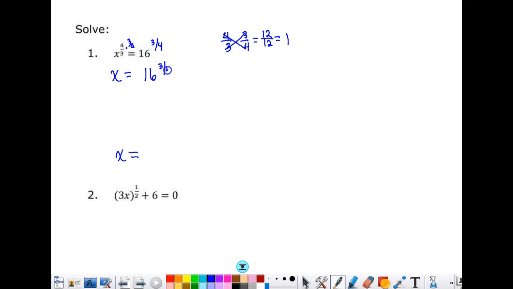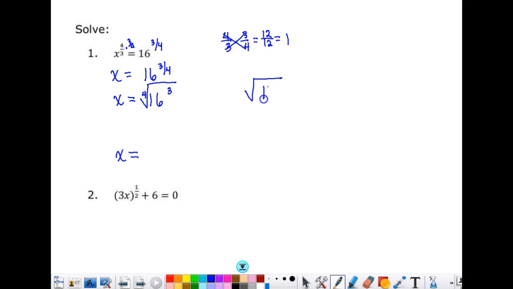Okay? Now, you use your skills like you had yesterday. You change that 16 to the 3/4 power to a radical. Do you remember how to do that? It's pretty easy. You just got to make sure you do it the right way instead of the backward way. Now, we've got to figure out what 16 to the 3rd power is and then the 4th root.